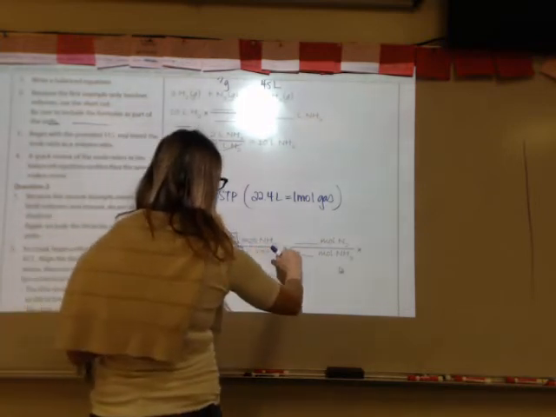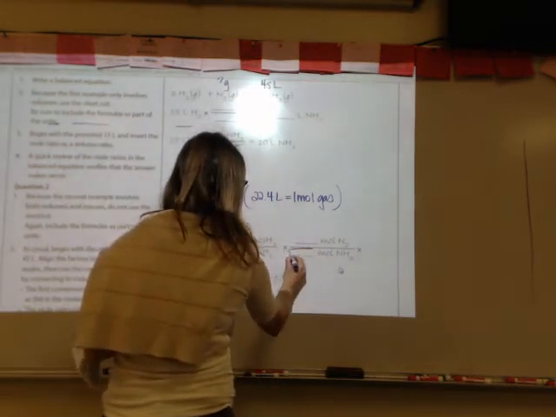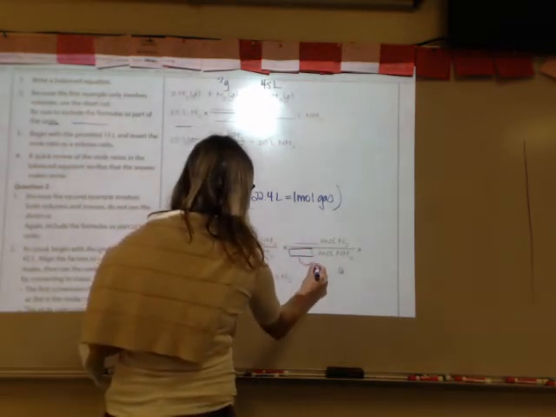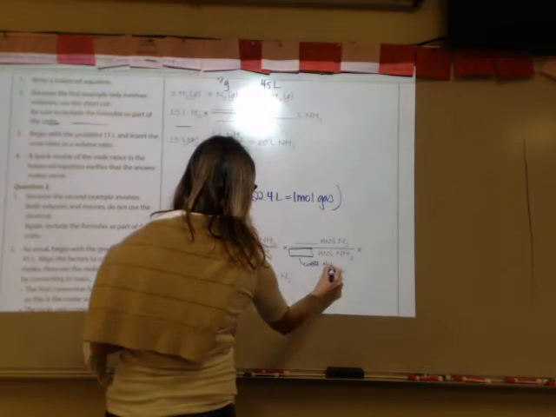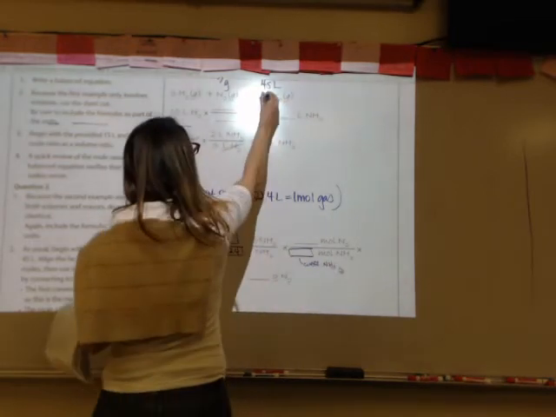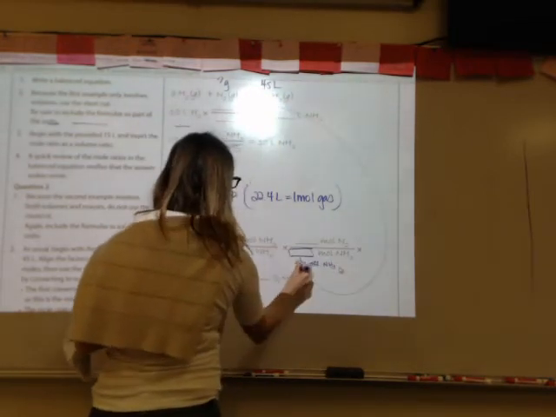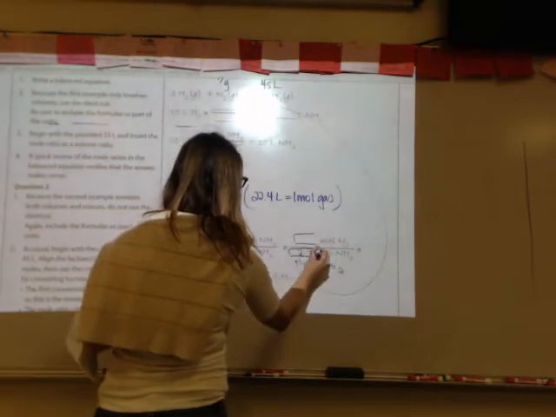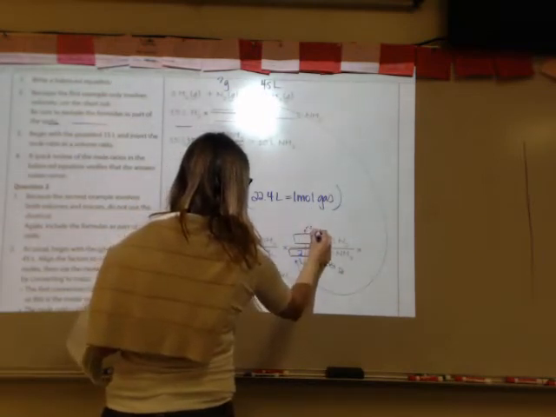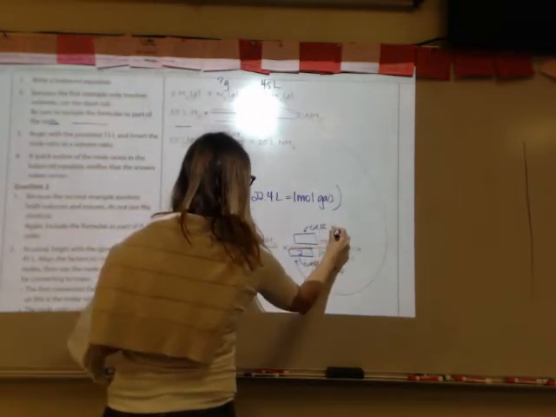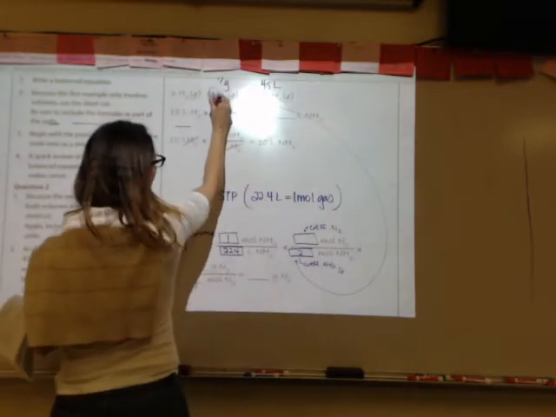And this moles of NH3 would come onto the diagonal, and this is where you're going to put your coefficient of NH3, which was a 2. So this would go here. And this is where you would put your coefficient for N2, which is a 1.